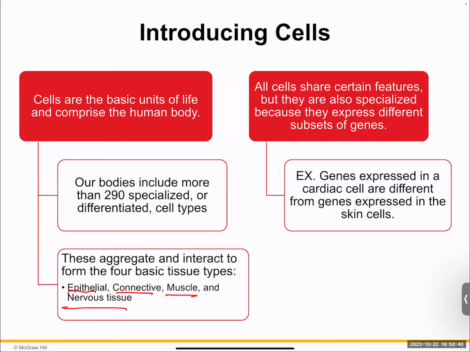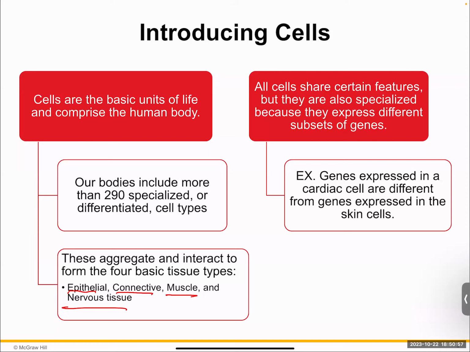Now, every time we look at a cell, it has certain features, and it is going to have specialized characteristics that allow it to only express a certain number of genes based on the need of that cell and the location within the body.